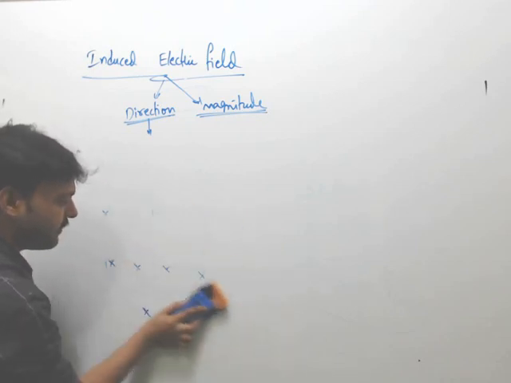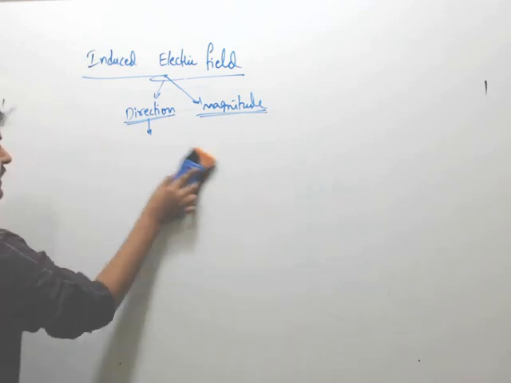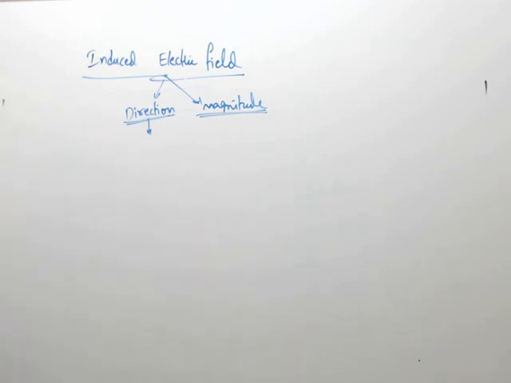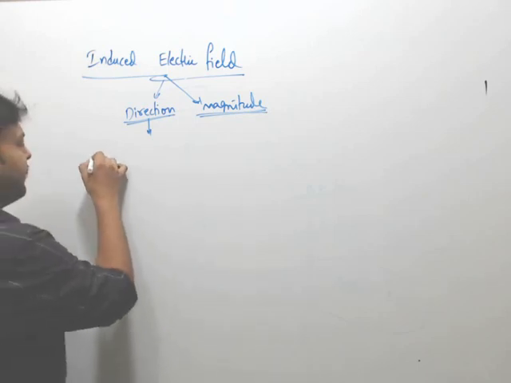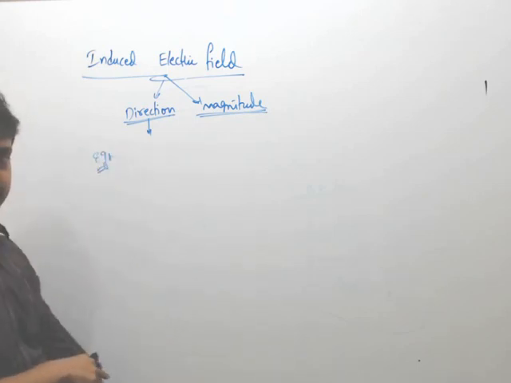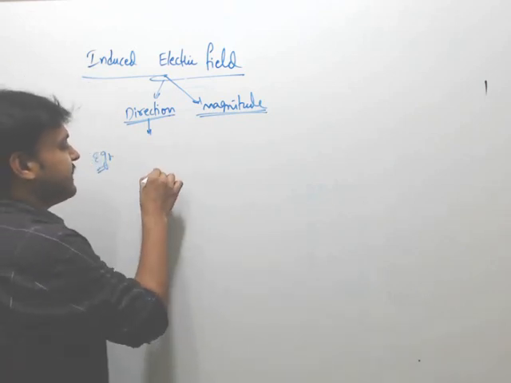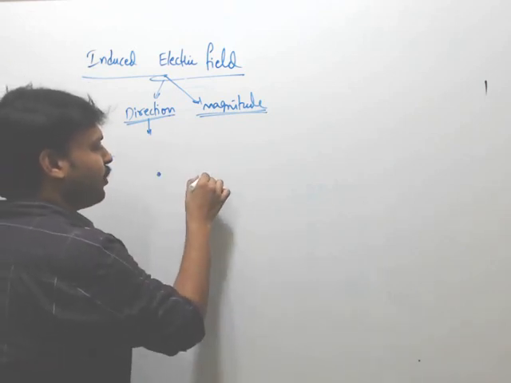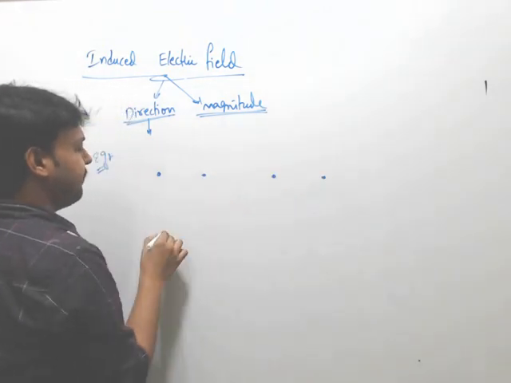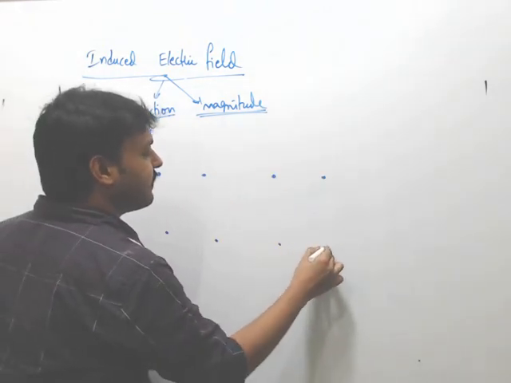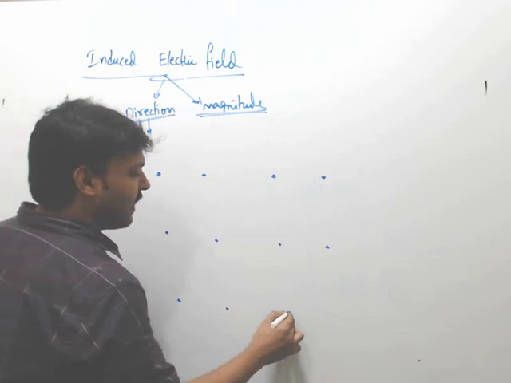One more example I will give, then you can understand it easily. Pause the video and try to do this question. For example, I gave an outward magnetic field. So what is the magnetic field here?